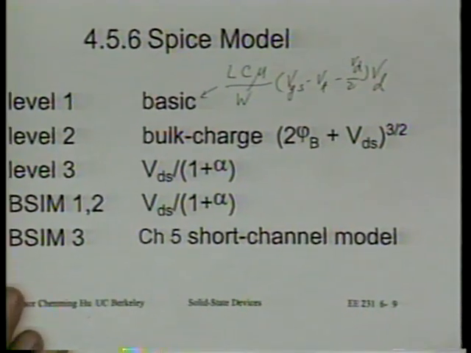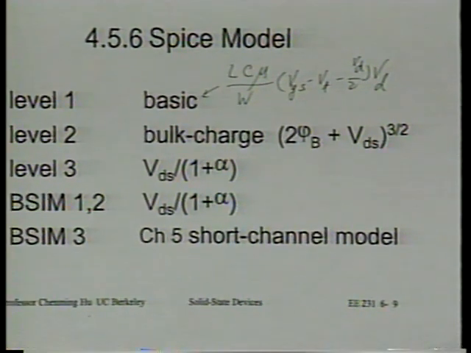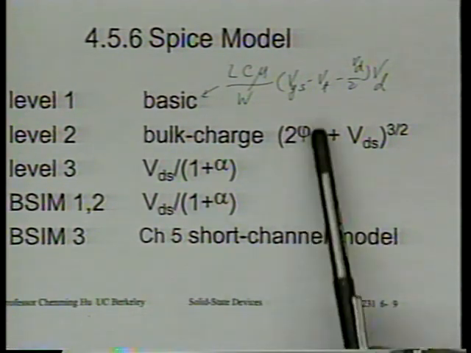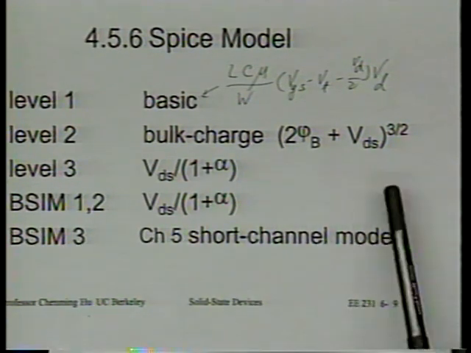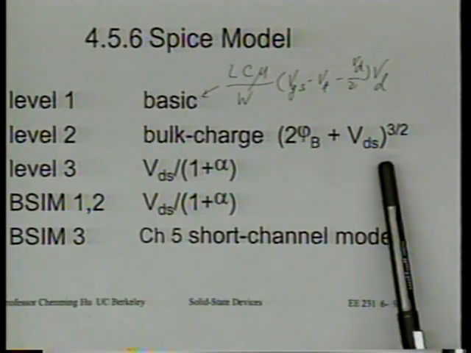Now if you look at level 2 model, it considered the bulk charge model, includes this. And by the way, this is chronological order, right? That's the way the models were introduced chronologically, right? So when you look at this, you can also get a little sense of how the device physics has changed over the years, right? Start with, this was considered fine, good enough. Later, for better accuracy, it's felt this is a better model.